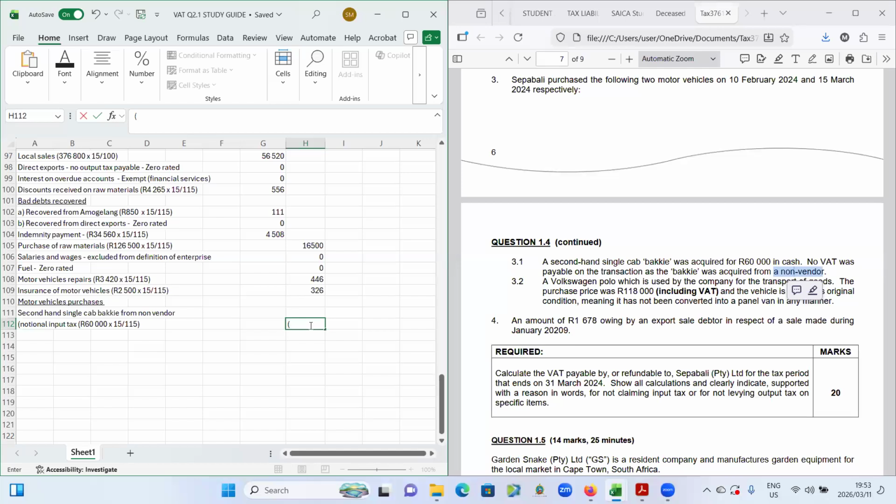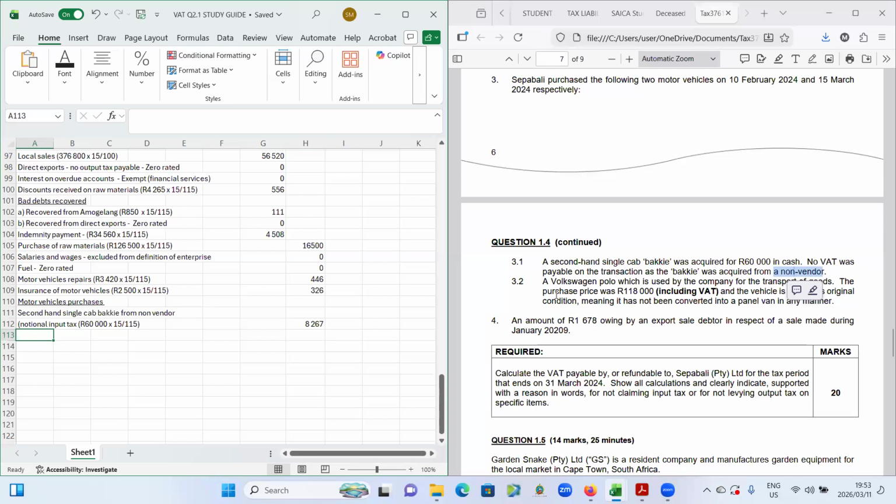Yeah, 7,826 rand. Sorry, I forgot and put it in brackets.